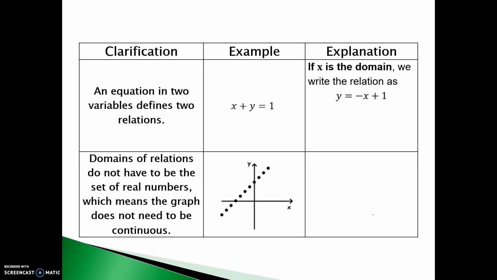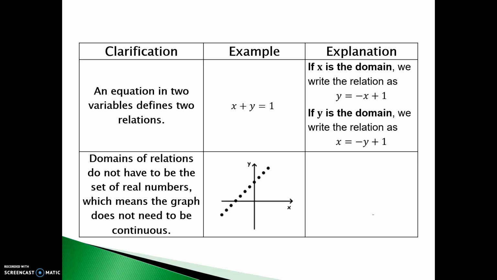If x is the domain, we would subtract the x from both sides, and we get y equals -x plus 1, and that would be a function. But we could also let y be the domain and subtract y from both sides and say that x is equal to -y plus 1. So that would be where x is a function of y instead of, in the first one, y is a function of x.